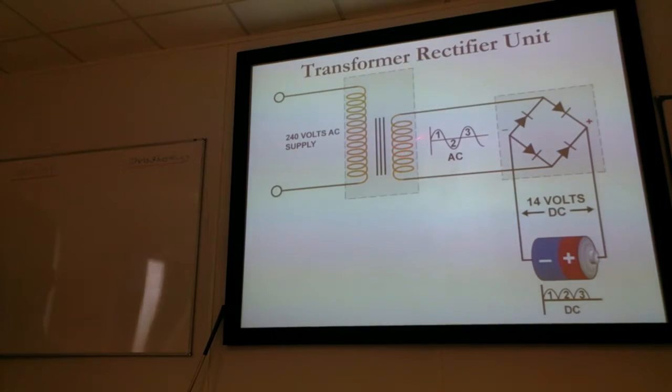If we then put that sine wave AC through a rectifier, through a pack of diodes there, we get a 14 volt DC output. It's a battery charger. It's a car battery charger. But your transformer rectifier unit in an aircraft does exactly the same thing with 115 volt AC through to 28 volt DC. A TRU, a transformer rectifier unit.